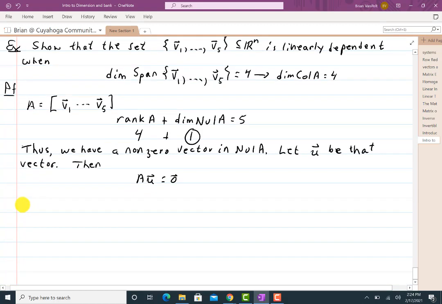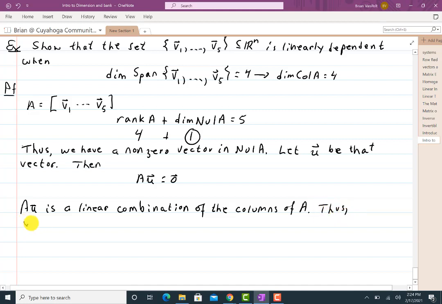But remember, AU is a linear combination of the column vectors in A, or columns of A. So this is a non-trivial solution to that.